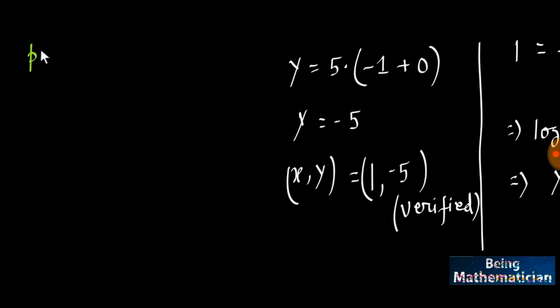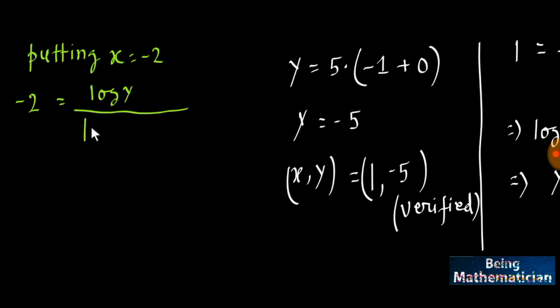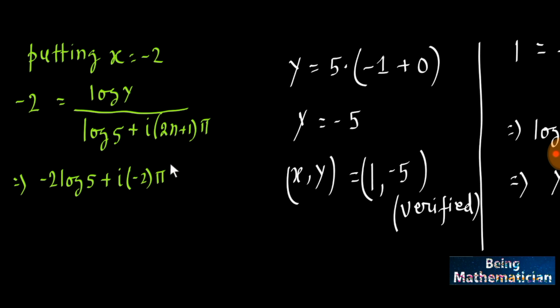Now putting x equal to -2, so -2 equal to log y divided by log 5 plus i into (2n plus 1) into pi. So it will be -2 into log 5 plus i into -2 pi into (2n plus 1) equal to log y.